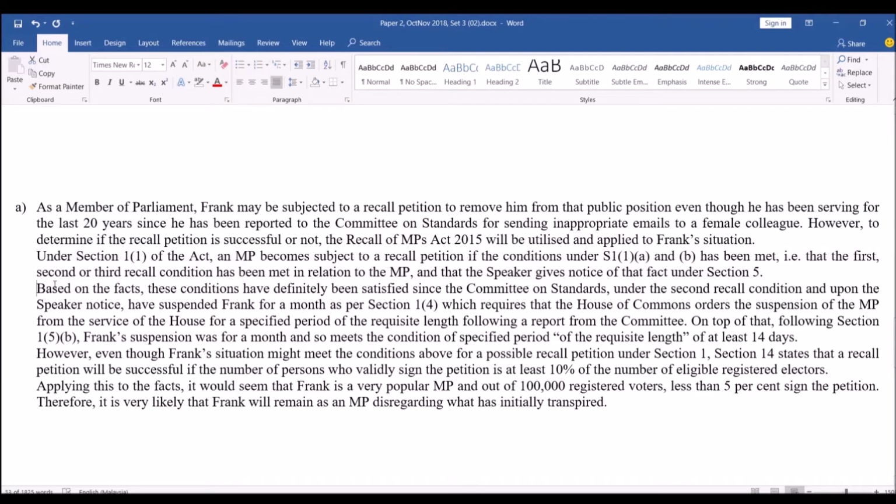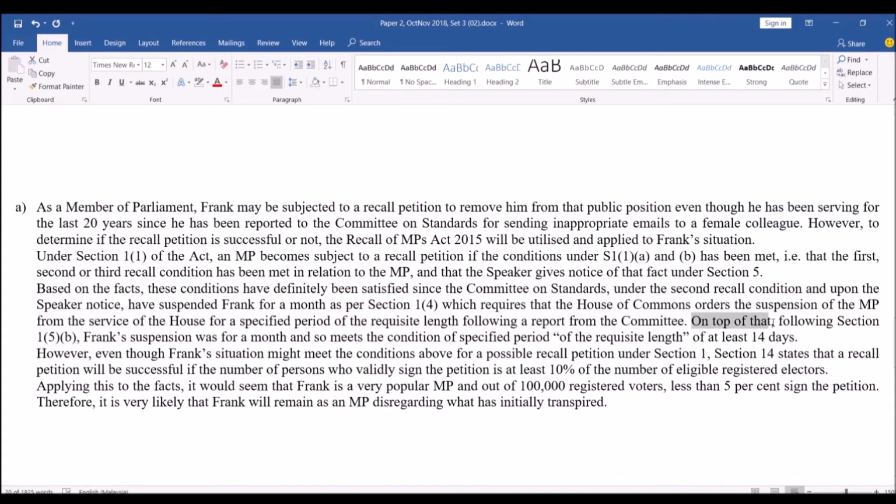So, based on the facts, these conditions have definitely been satisfied since the Committee of Standards, under the second recall condition and upon the Speaker's notice, have suspended Frank for a month as per Section 1 sub 4, which requires that the House of Commons order the suspension of the MP from the service of the House for a specified period of the requisite length following a report from the committee.